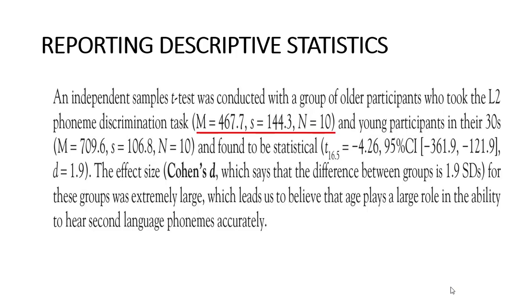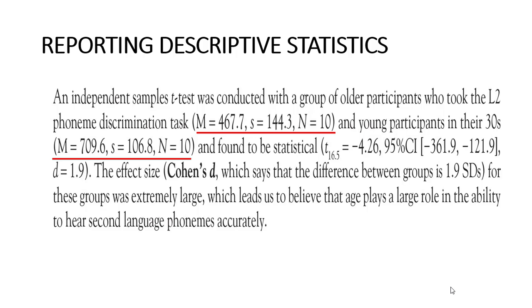Now, these first two lessons have been dedicated to understanding that first part of this report. In other words, understanding what M, the mean, S, the standard deviation, and N, the number of samples, mean.